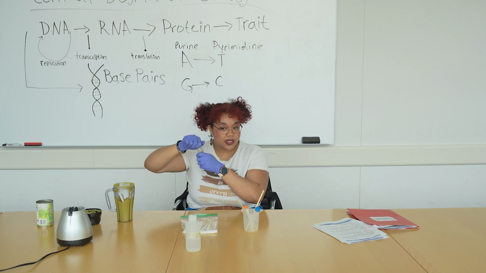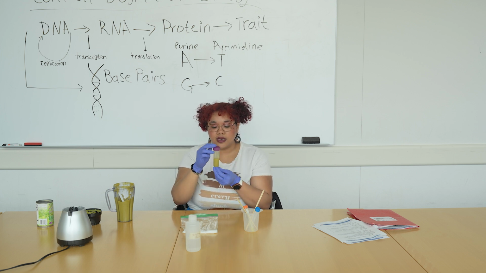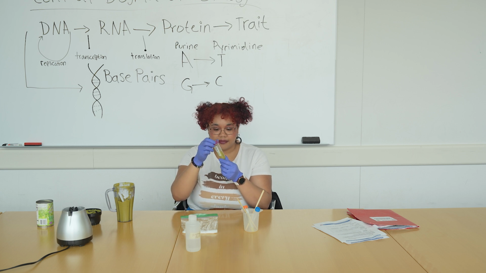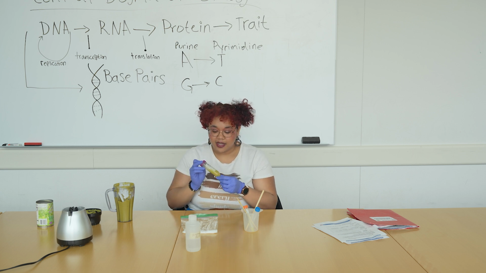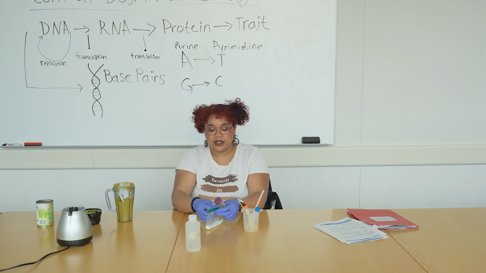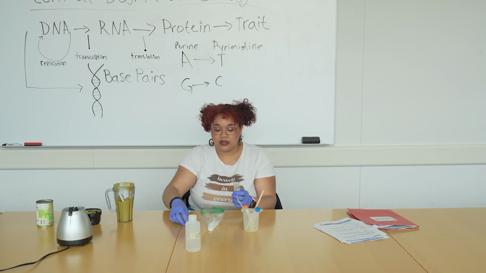Now I'm just going to close the lid and just gently invert it to do an additional bout of mixing. And now I'm going to add, here we'll just do a pinch of salt.